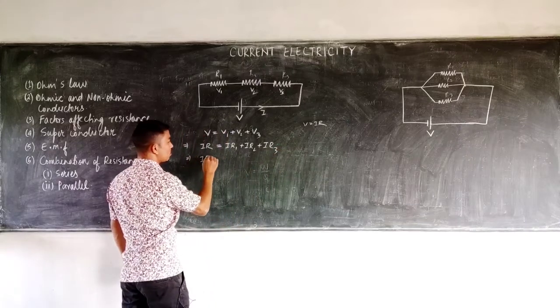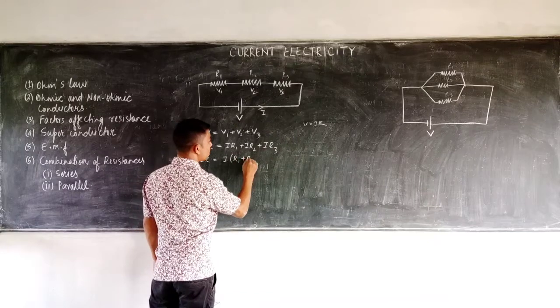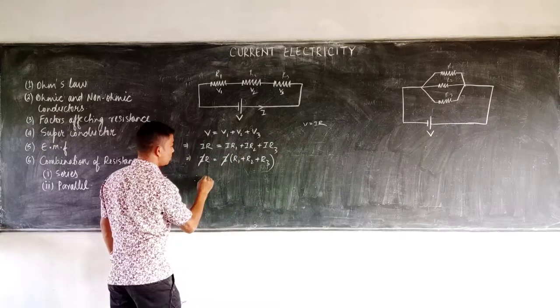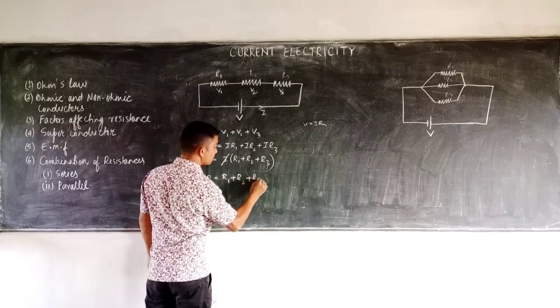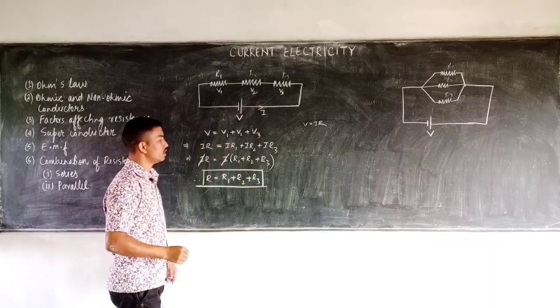So I into R, taking I common from all, I get R1 plus R2 plus R3. I gets cancelled. Therefore R equals R1 plus R2 plus R3. This is how we find the equivalent resistance when connected in series.